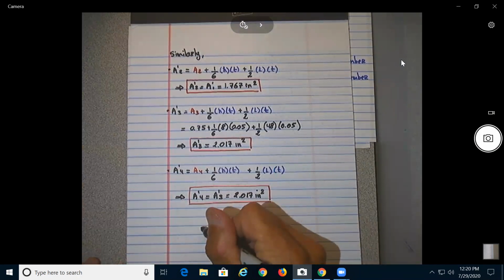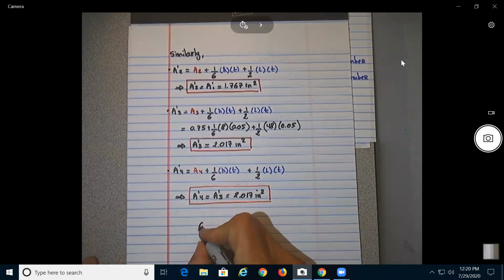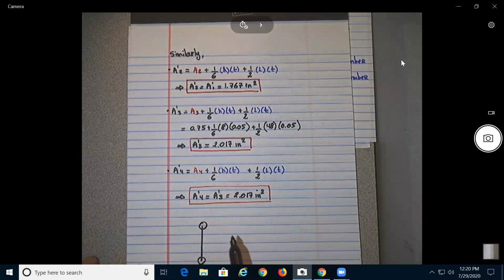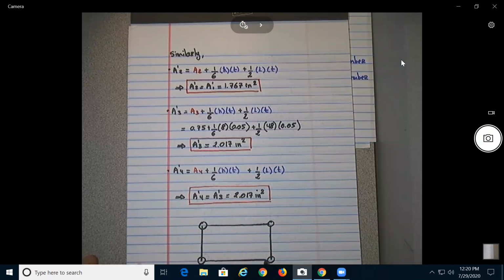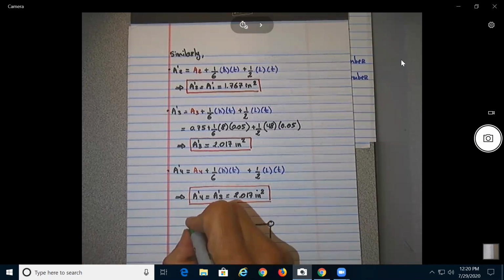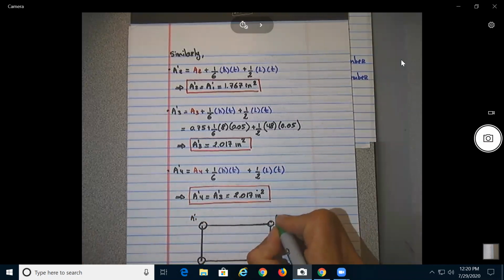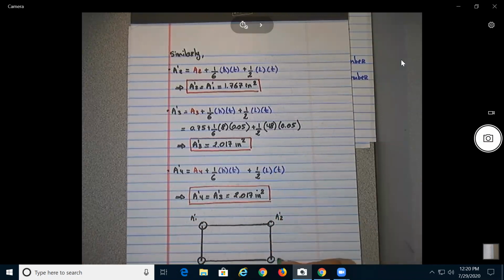So really our idealized structure is where this will be A prime 1, A prime 2, A prime 3, and A prime 4.